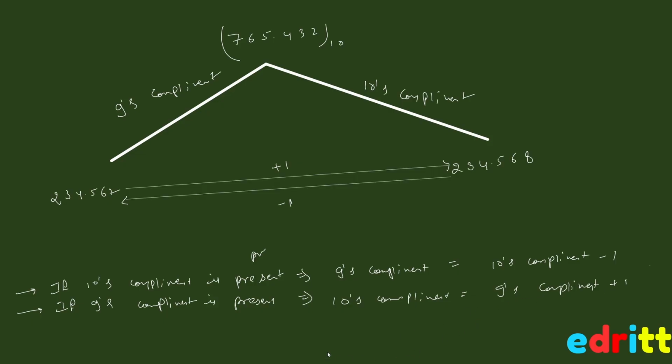Okay, now let me try to make a relation between the formulas of r's complement and r minus 1's complement. You see, r's complement is equal to r to the power n minus capital N. But what is the r minus 1's complement?